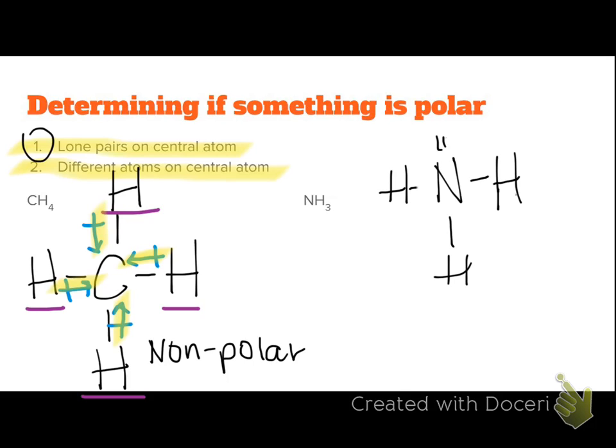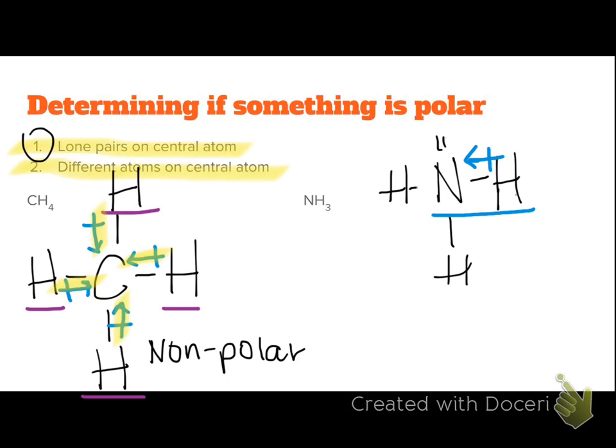H. So here's my first bond between a nitrogen and hydrogen, and all three of them are that. Who's more electronegative? Nitrogen. Okay, your arrows are never going to point towards hydrogen. Hydrogen is not going to be electronegative.